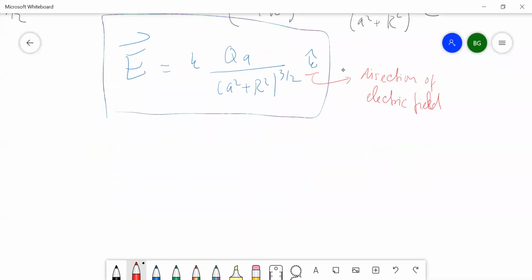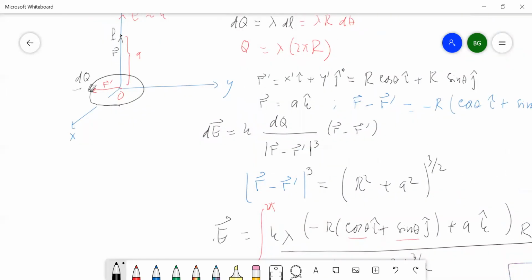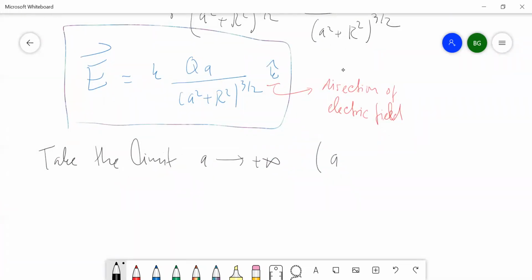If you take the limit a to infinity, or I can say that a, which is the distance from the origin, the center of the ring, to the point B, is much, much greater than the radius.